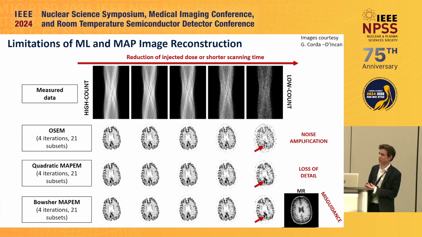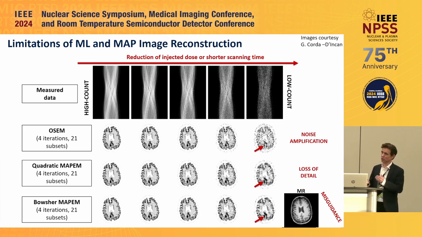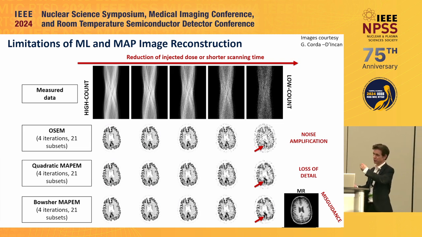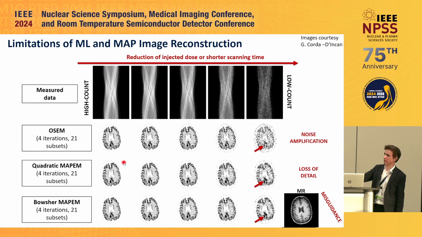And that would indeed be a valid concern, as shown on this slide here. If we revisit where we were before, we were saying that MLEM for low count data gives higher and higher noise. If we just do a quadratic penalized MAP-EM, then we over-smooth and we lose detail. If we start to use MR guidance in the form of Bowsher, then the kind of thing that can happen here is that we end up with misguidance.